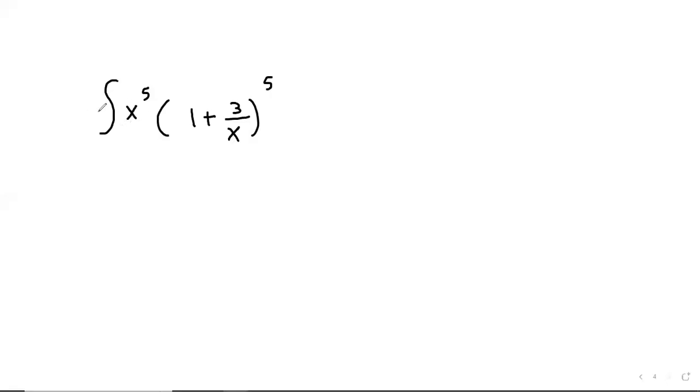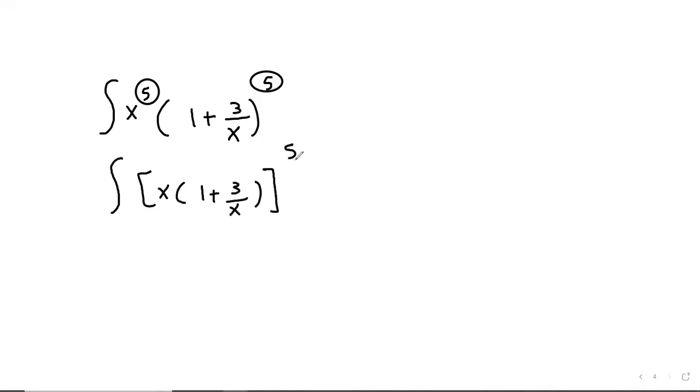We can simplify this expression because we have the same power, 5 and 5. So it's the integration of, multiply this x by the bracket, it will be x multiplied by 1 plus 3 over x, and raise all of them to the power of 5.